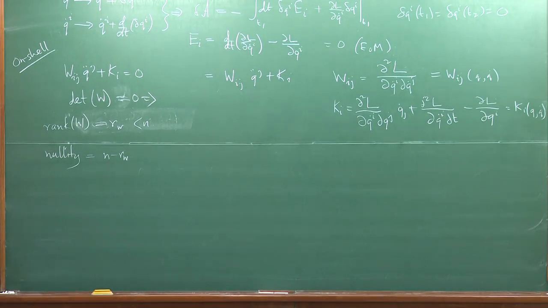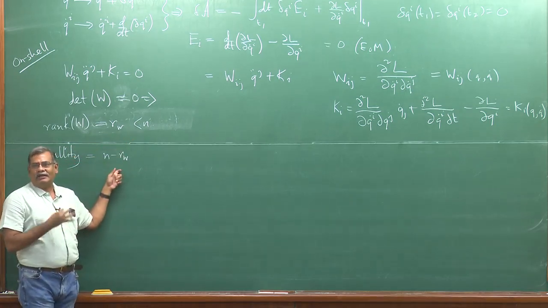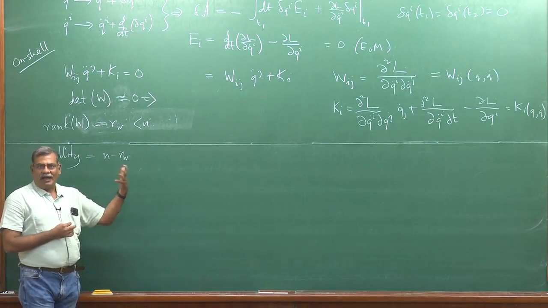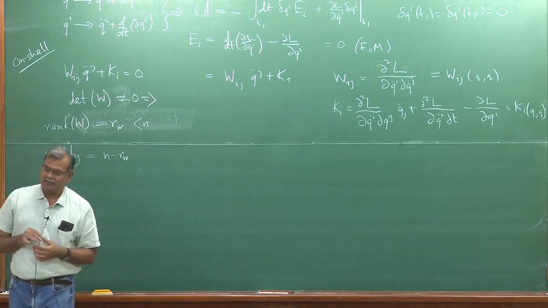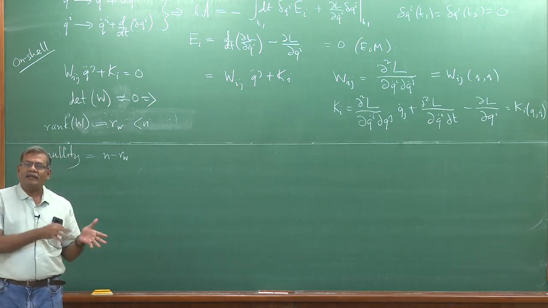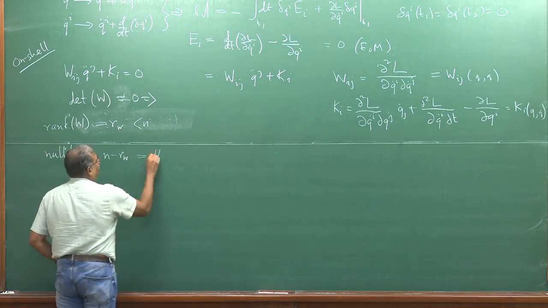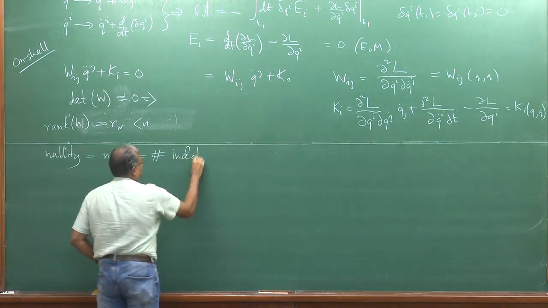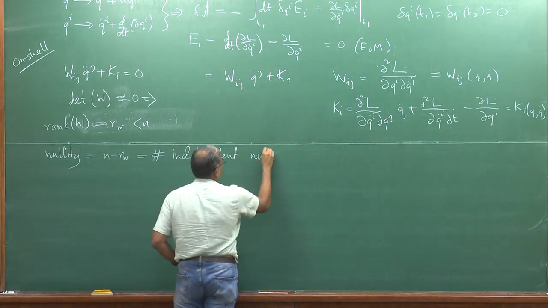If you have a rank, so basically it says the moment RW is less than n, you have zero eigenvectors. And therefore, zero eigenvectors, I don't mean eigenvectors which are 0, of course they can't be 0. I mean eigenvectors whose corresponding eigenvalue is 0. In fact, this is exactly the number of independent, in the sense of linear independence, of course, null eigenvectors.